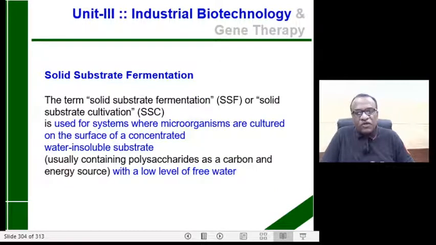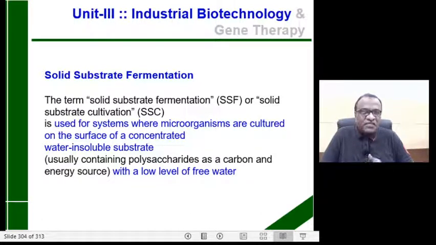Right. So moving on to the next category of fermentation, the solid substrate fermentation. The term SSF, or solid substrate fermentation or solid substrate cultivation, is used for systems where microorganisms are cultured on the surface of a concentrated water insoluble substrate.